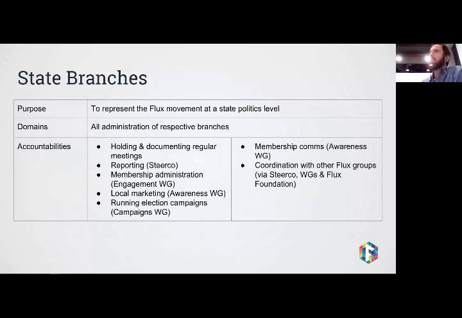There's also accountabilities in there about managing the membership administration, how to manage local marketing and getting the Flux message and concept out there at a local level.